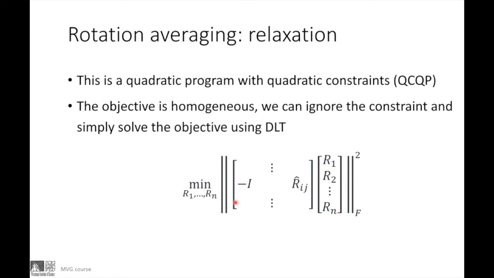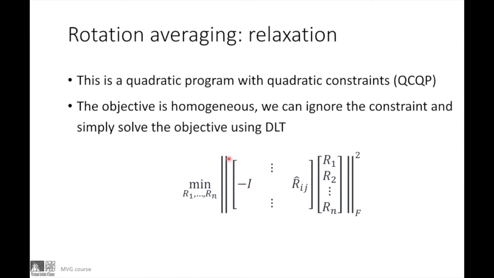Every time we pick, let's say, minus identity times Ri, plus Rij times Rj. So I'm just rewriting the functional in matrix notation, and we want to minimize the Frobenius norm of this matrix. Is this clear?